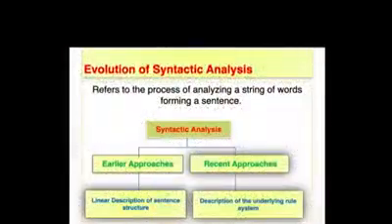Evolution of syntactic analysis. Here, we need to speak about the concept of syntactic analysis. What do we mean by syntactic analysis? Syntactic analysis refers to the process of analyzing a string of words forming a sentence.